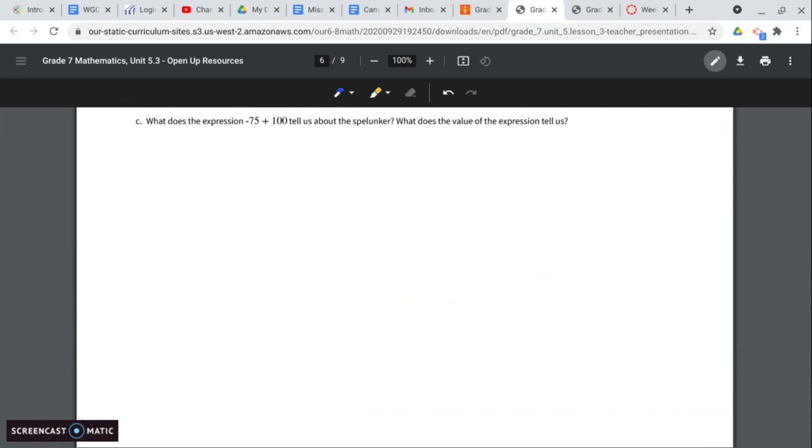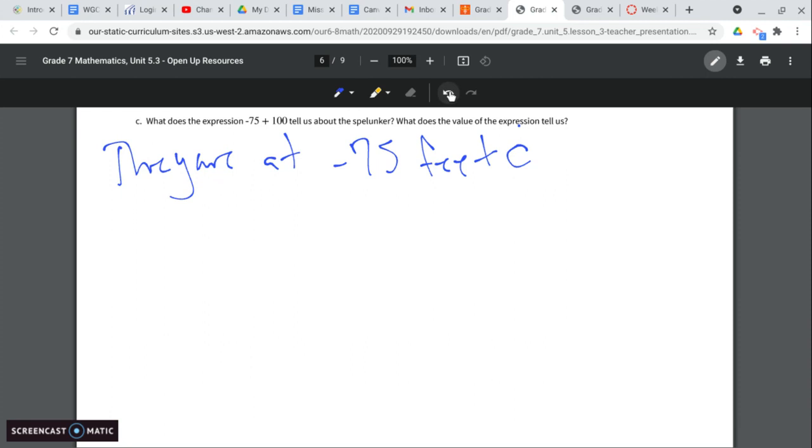What does the expression negative 75 plus 100 tell us about the spelunker? What does the value of the expression tell us? So it means that they are at negative 75 feet down elevation.